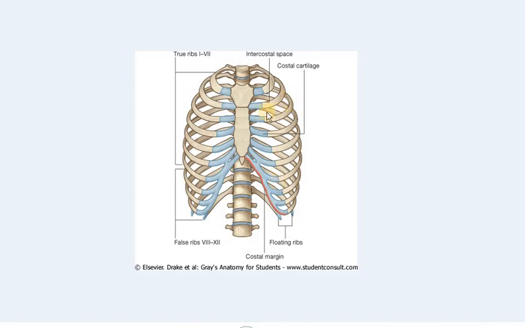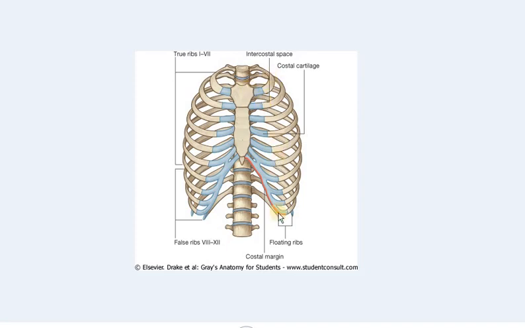The space between the adjacent ribs is called the intercostal space. So there are 12 ribs on each side of the sternum, and there are 11 intercostal spaces on each side of the sternum.